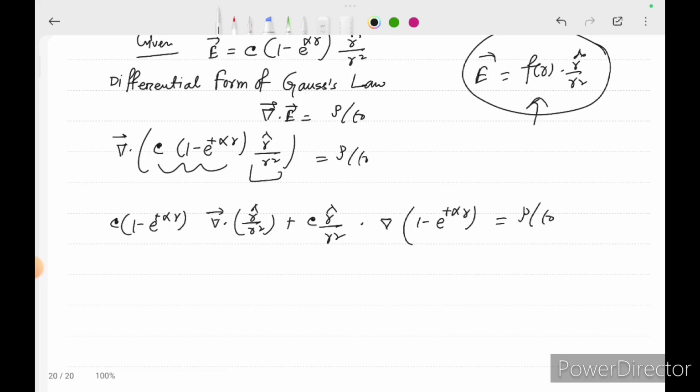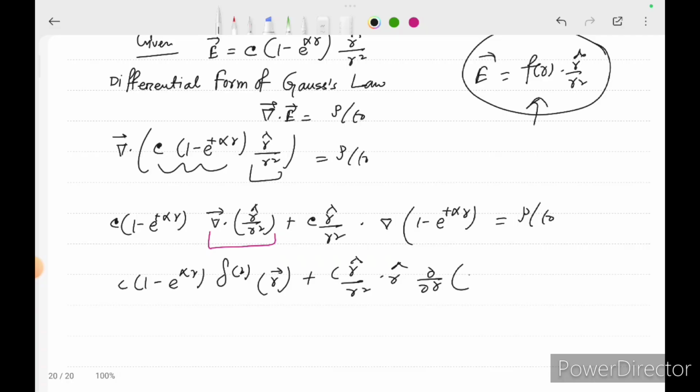We already know the divergence of that vector quantity is nothing but the Dirac delta function. So C (1 minus e to the power alpha r) delta cube of r vector, plus C r cap upon r square dot r cap del r of (1 minus e to the power alpha r), equals rho upon epsilon.